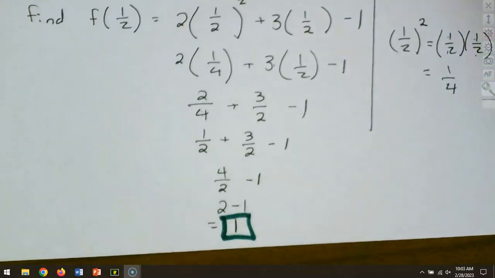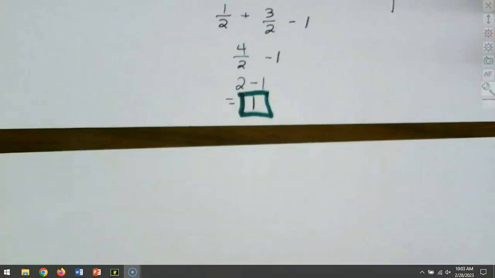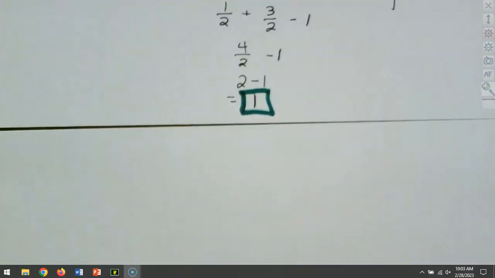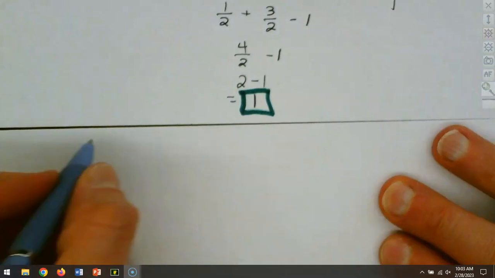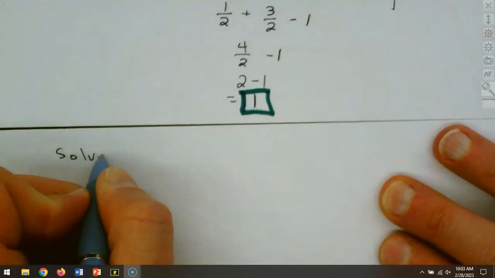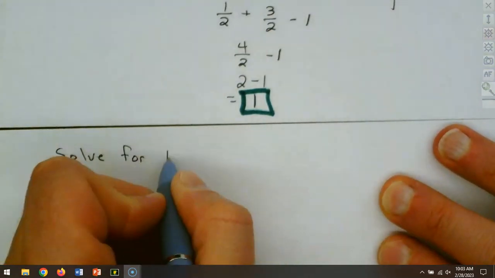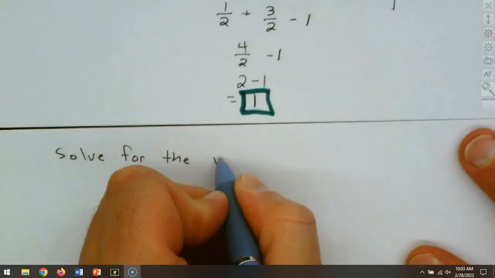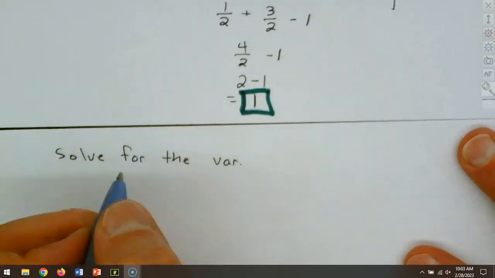We've got two more quick topics to go through. And the directions for the next one are going to be solve for the variable x. Variable y. My mistake here.